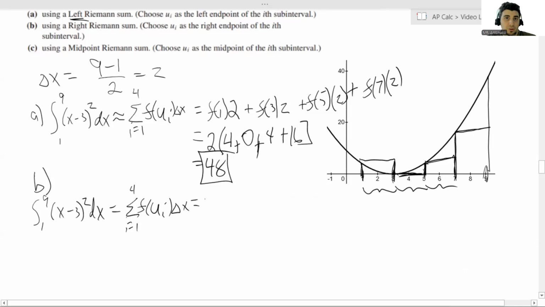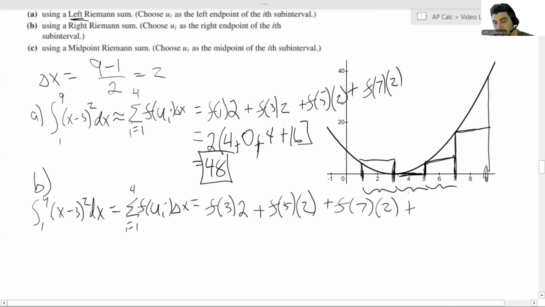But here we're going to use the right endpoints. The first subinterval goes from 1 to 3, and the right endpoint of that first subinterval is at 3, so we're going to do f of 3 times 2. Then the next subinterval goes 3 to 5, so the right endpoint would be f of 5 times 2, then f of 7 times 2, then f of 9 times 2.